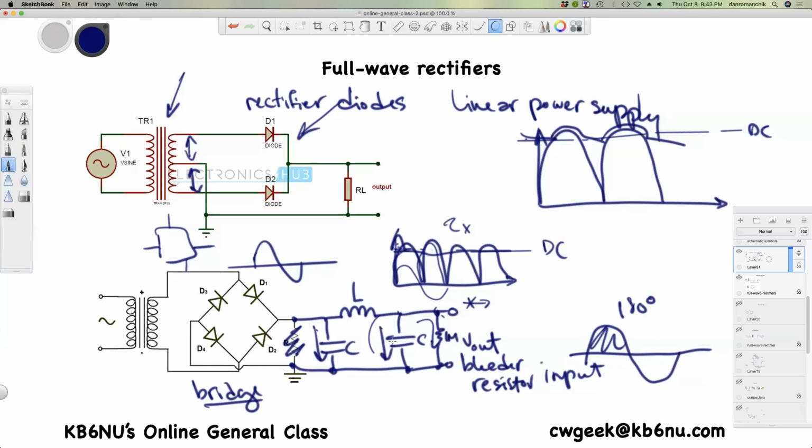It's another way to think about it. And what you do is you optimize the L and C values to provide a high impedance to the 60 hertz or 120 hertz.